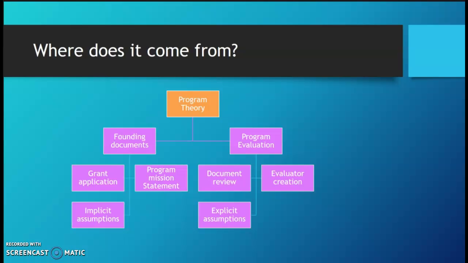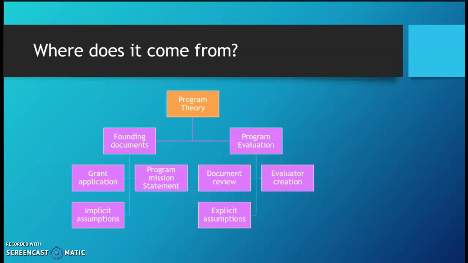You can also get information about a program theory from the actual program evaluation that you do, which is going to include document review. So going back and looking at those founding documents, but also adding in: have there been changes to things like the mission statement, to our purpose? Has it evolved over time? Sometimes the evaluator will create documents. So they will review mission statements, goals, objectives.